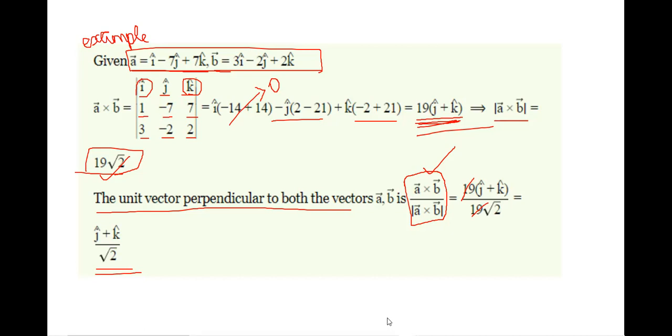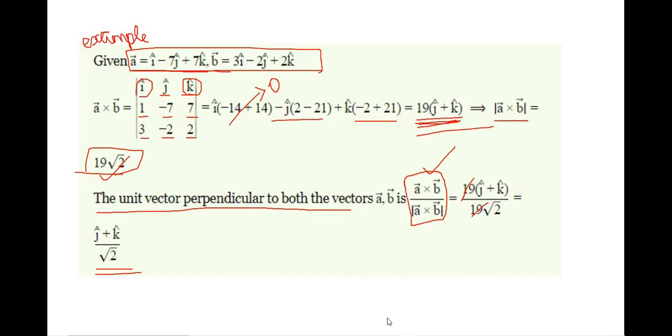When we represent a vector geometrically or graphically, we need to specify both magnitude and direction. This is the main point I mentioned: a scalar quantity has only magnitude, but a vector has both magnitude and direction.